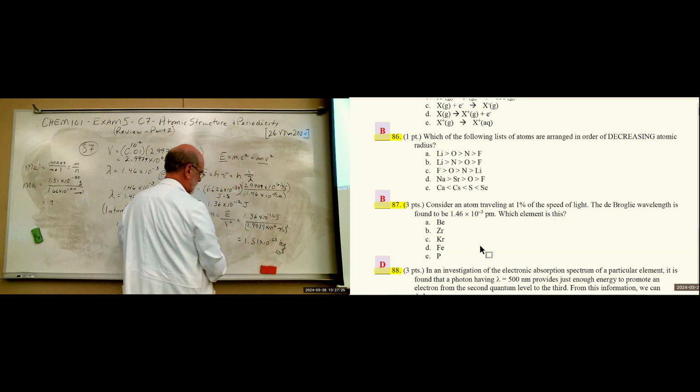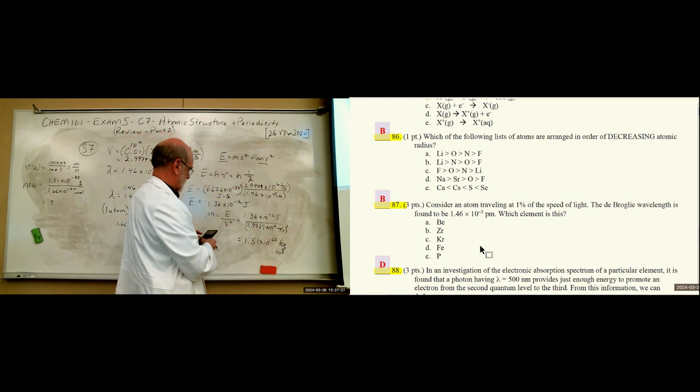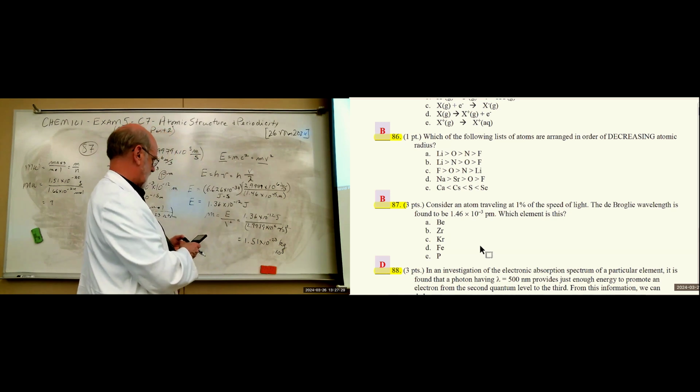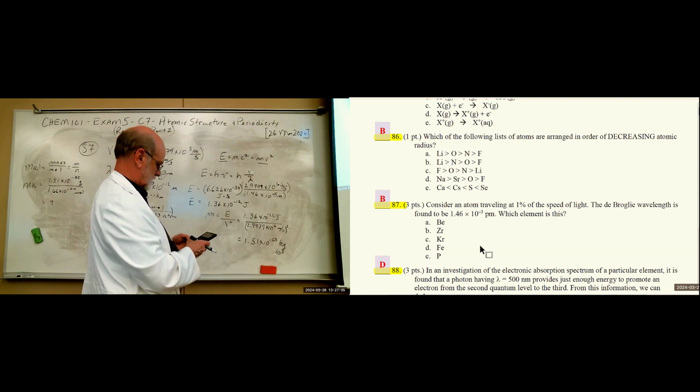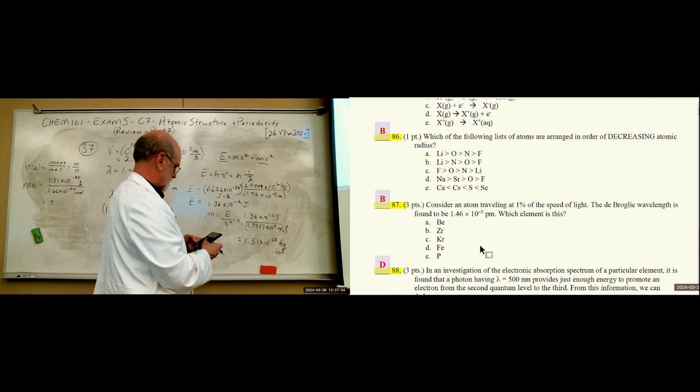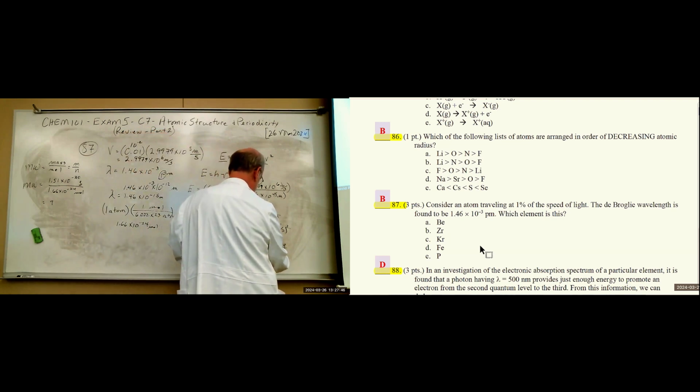Minus 12. Now, let's say 1.36. I think I know what it is, but I'm going to calculate it anyway. And then 2.9979 exponent 6, square it. Divide that in. Yeah, this should be 25.